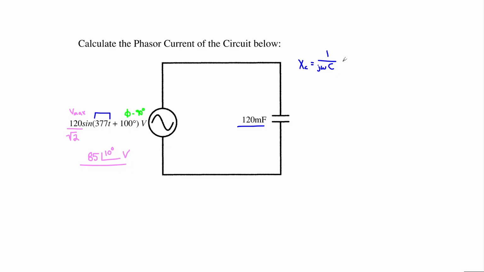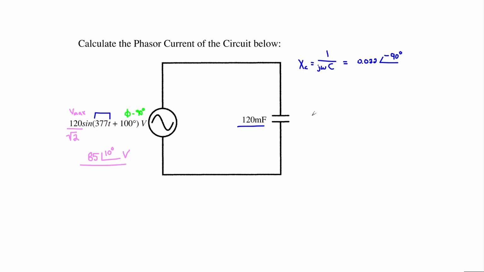Plugging in and solving and then converting to our phasor equivalent, we obtain an X of C of 0.022 at a phase angle of negative 90 degrees, since this is solely imaginary.